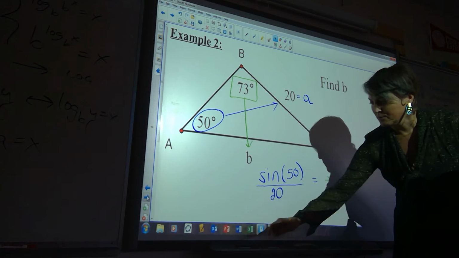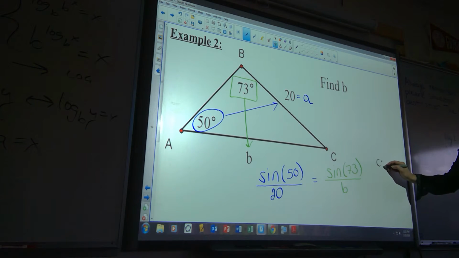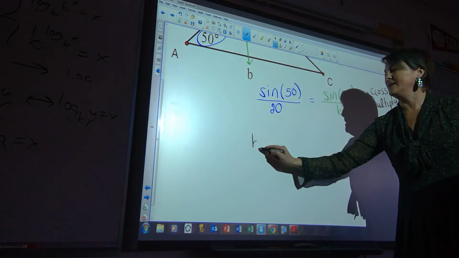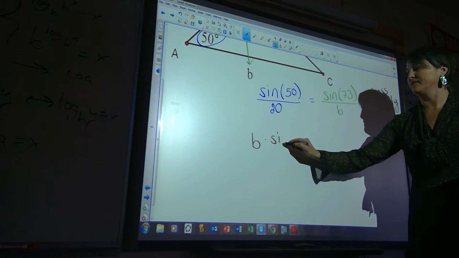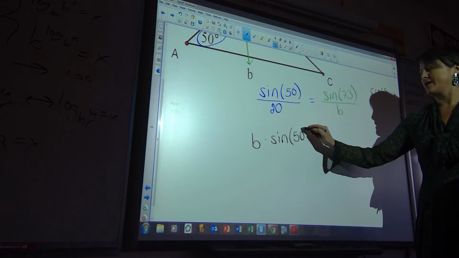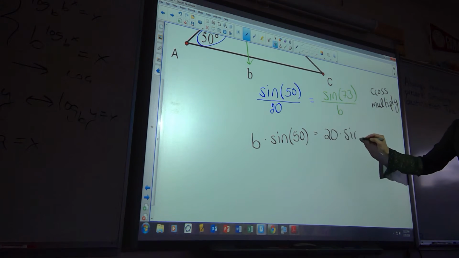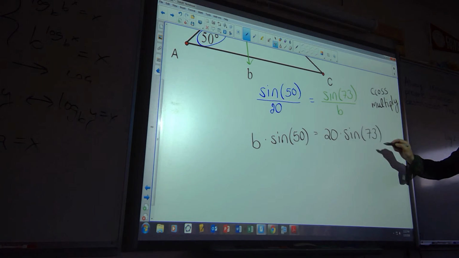Go ahead and do your cross multiplying. Now let's try to wait to put this in your calculator until you can do it in one step. It'll just help you with the whole rounding error thing. All right, so b gets multiplied by sine 50. When you do that diagonal, it equals 20 times sine 73.